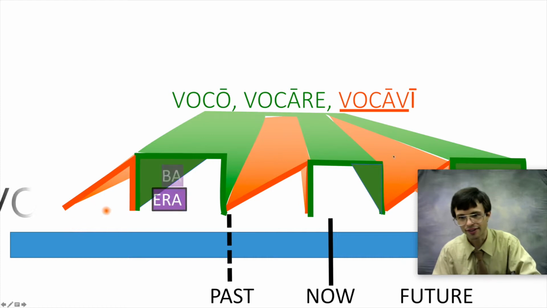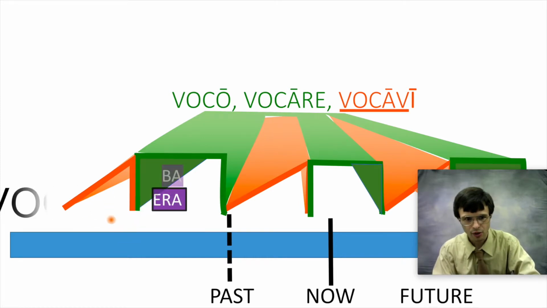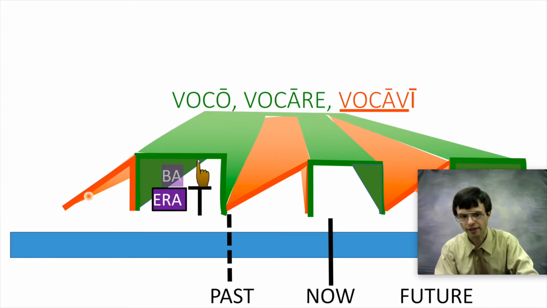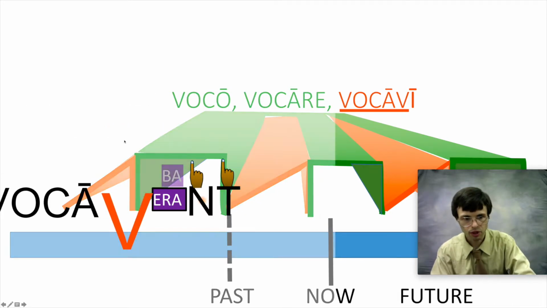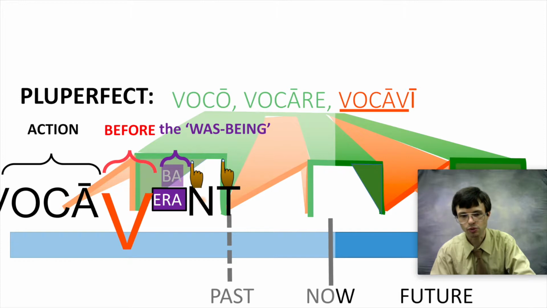Alrighty, so the pluperfect tense is then just like this. Vocaveram, vocaveras, vocaverat, vocaveramus, vocaveratis, vocaverant. And what do these parts mean? They mean action before the was-being situation that we're reporting about now in the past.